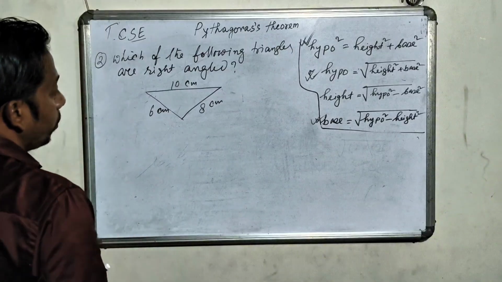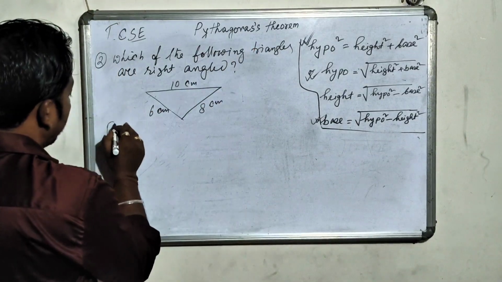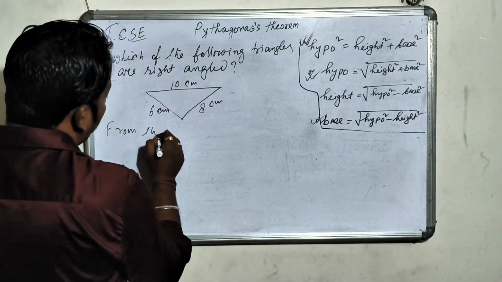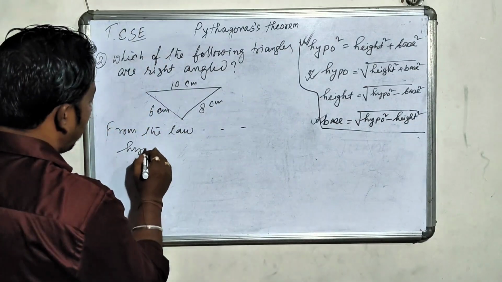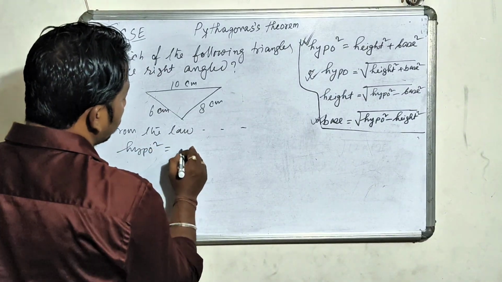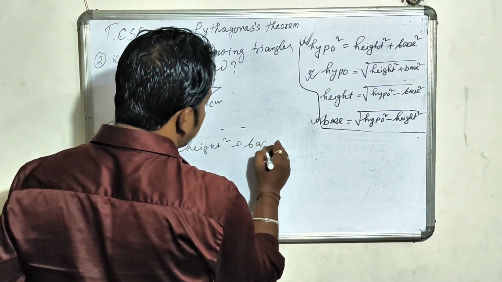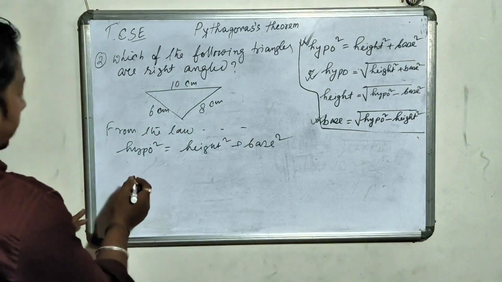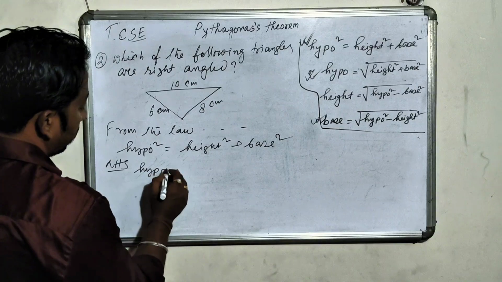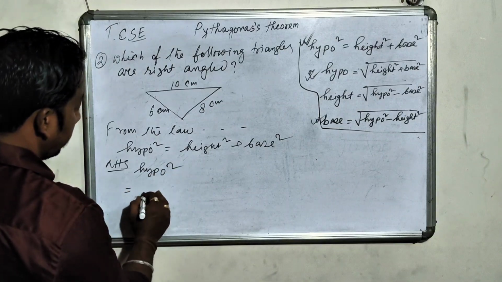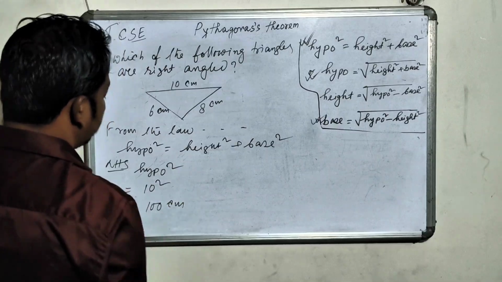So assume it. Now from the law of the Pythagoras theorem, hypotenuse square equals to height square plus base square. Now take the left hand side, that is the hypo square, that should be 10 square, that is 100 centimeter.